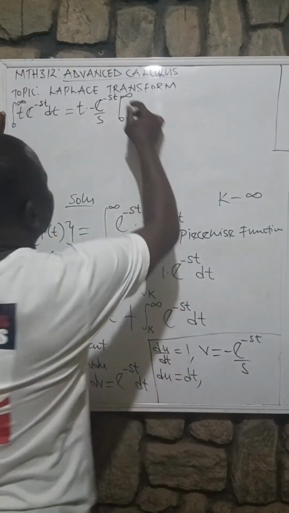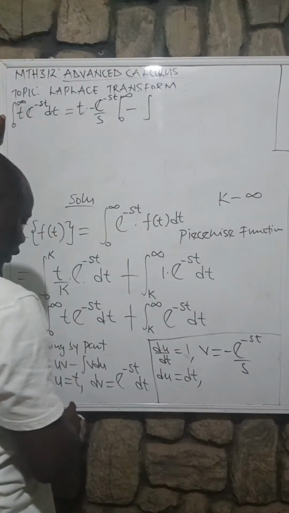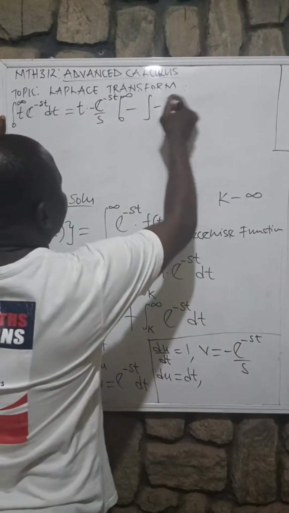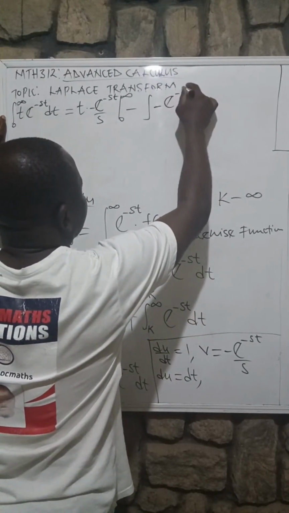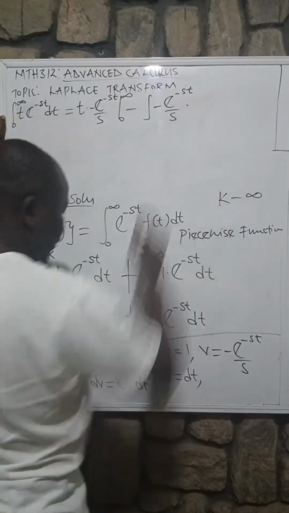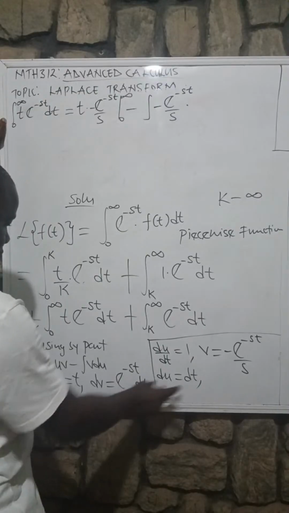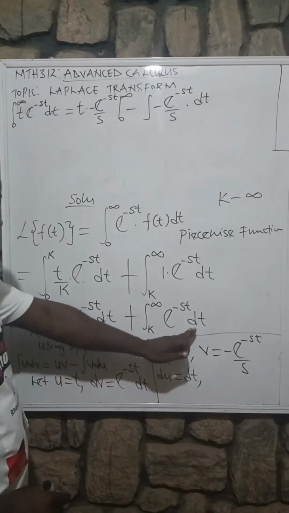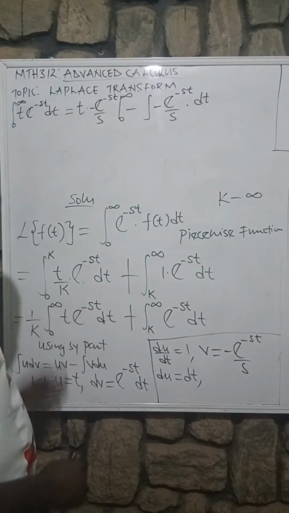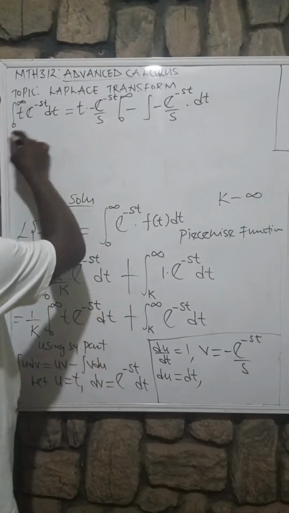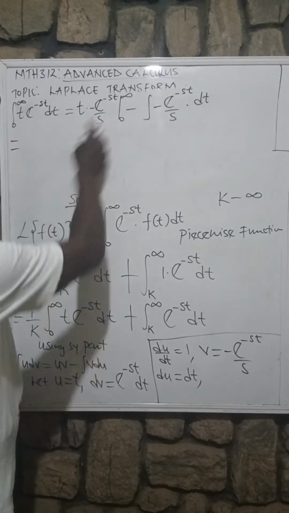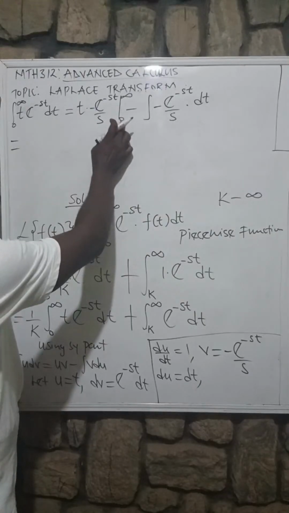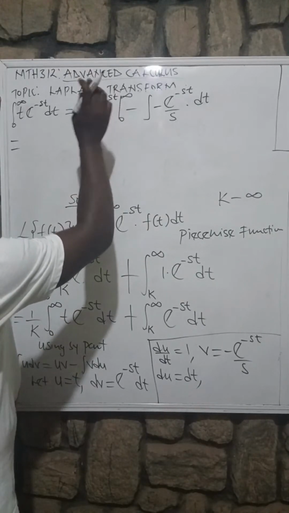Then minus the integral of our v, which is minus exponential minus st all over s, times du, which is dt. We have not come to this, so we just want to get this. Take note, the whole of this will be 0 because of the infinity sign and also the t here. By the time you substitute 0 here, all of this is 0.